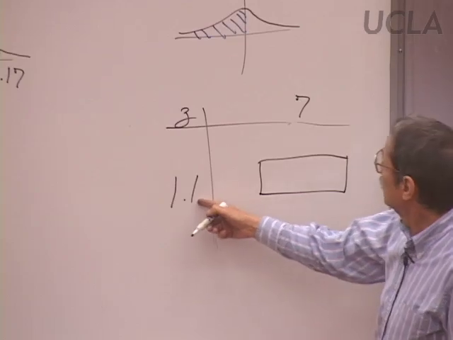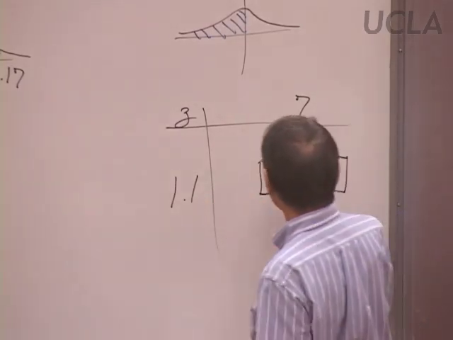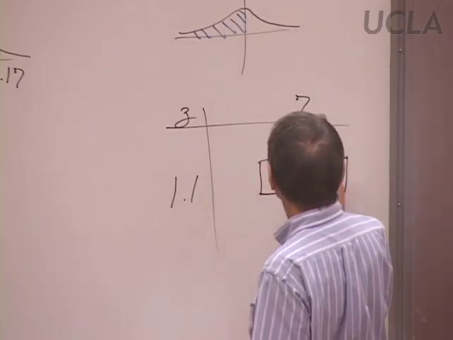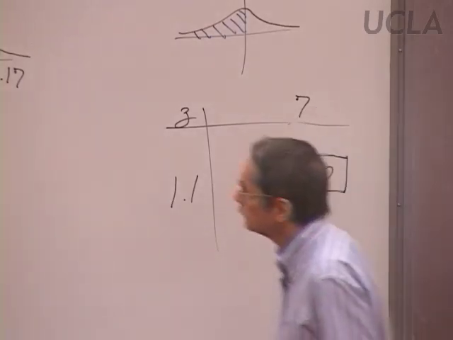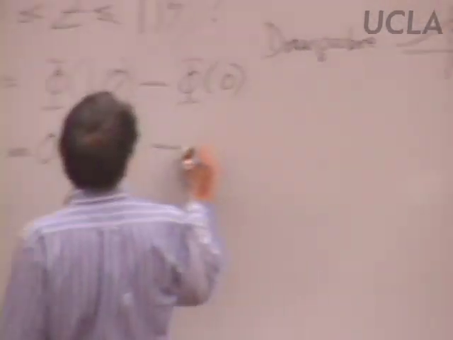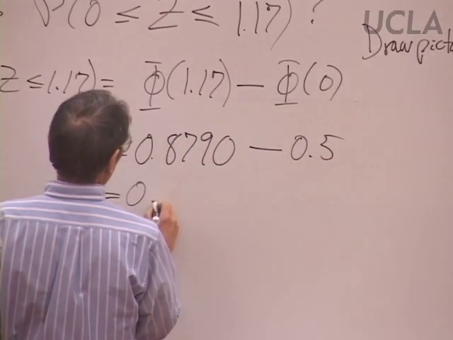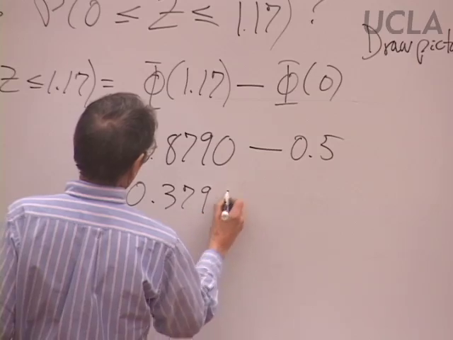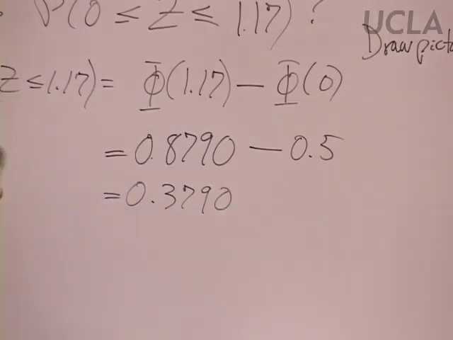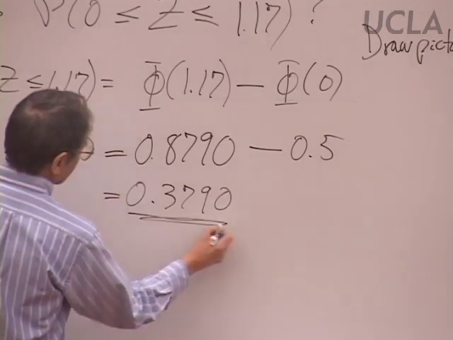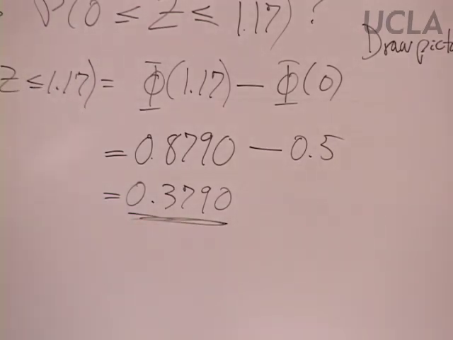So the 1.1 row and the 7 column has that number in it. And phi of 0 is a half. Conclusion, the probability we want is around 38%.